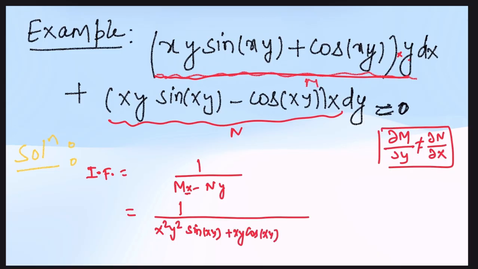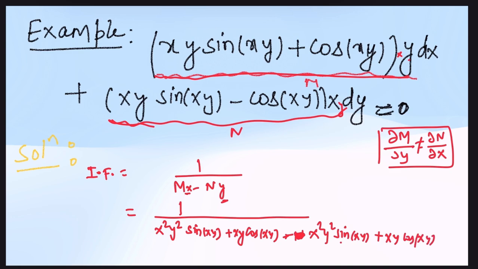Then minus N times y, so minus (x squared y squared sin xy minus xy cos xy).